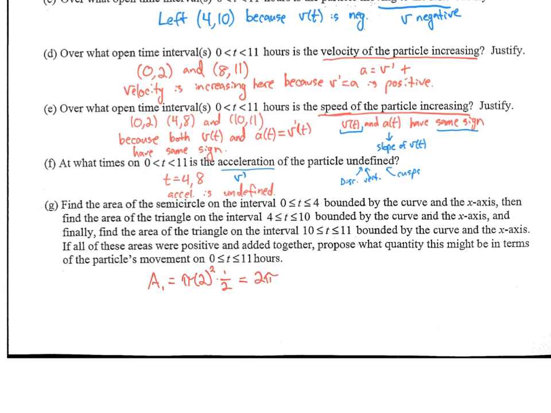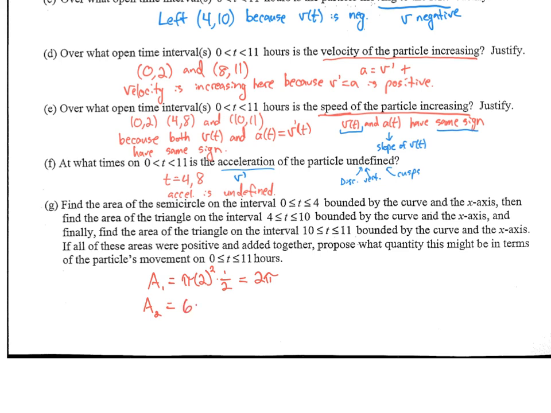And then if we take a look at the area of the triangle on the interval 4 to 10, I'm going to call that area 2. For that triangle, we find 1/2 the base times the height. The base goes from 4 to 10, so that's 6.